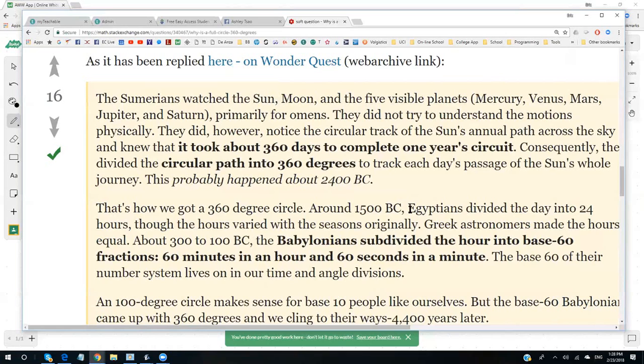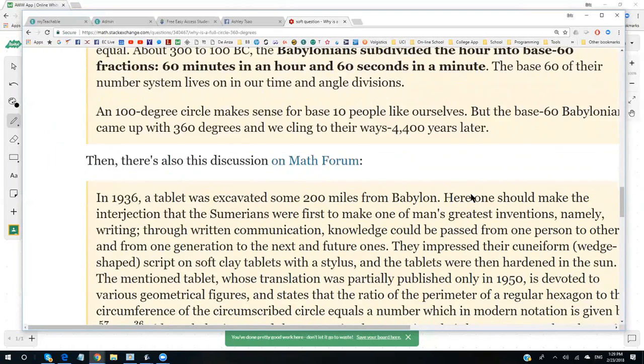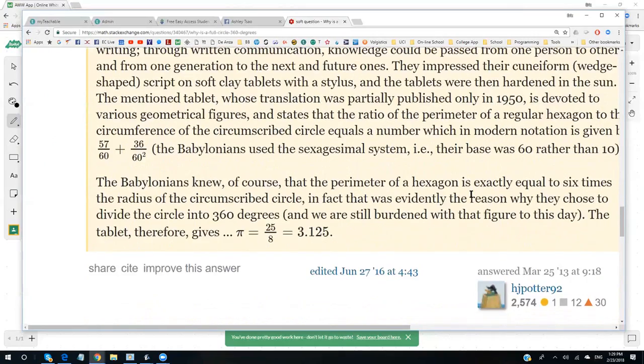Every year you have winter and you have summer. They estimated it is around 360 days a year, and they used that to believe that the sun goes around and it takes 360 days. So let's assume that it's 360 degrees for a day.